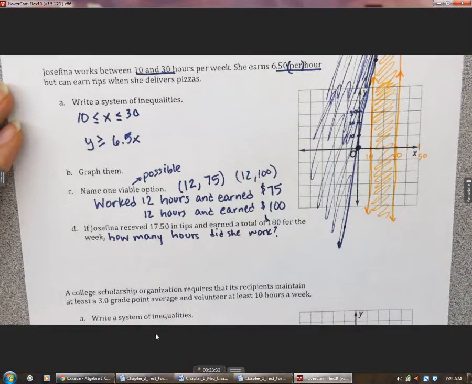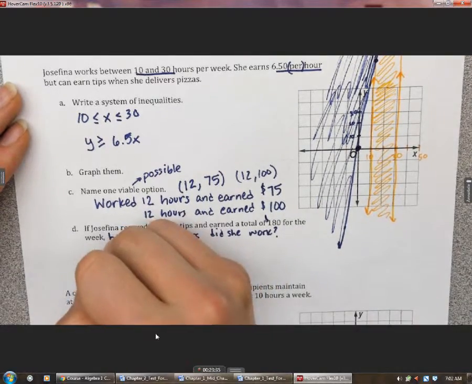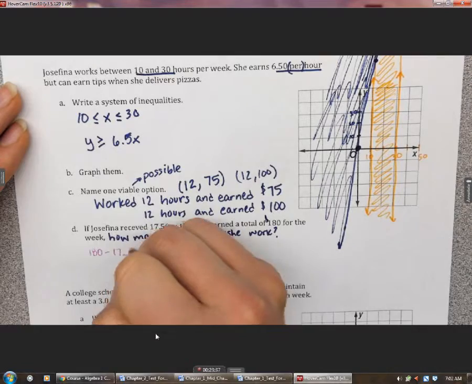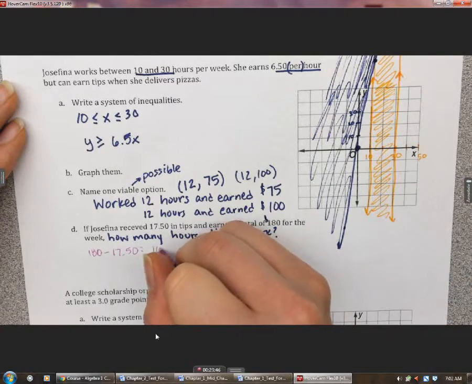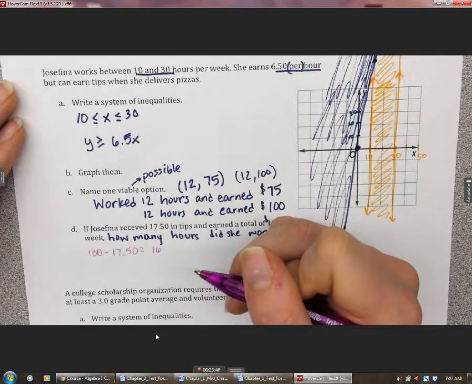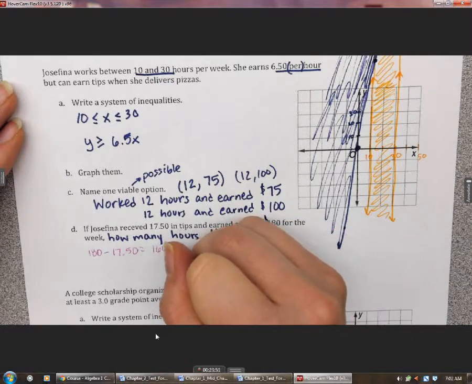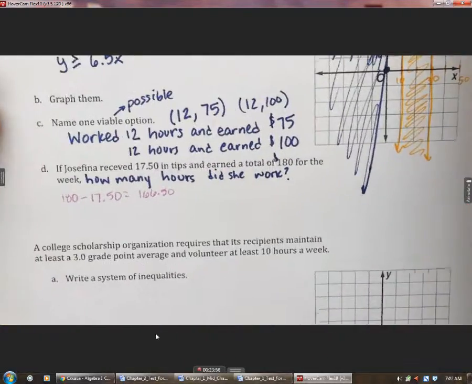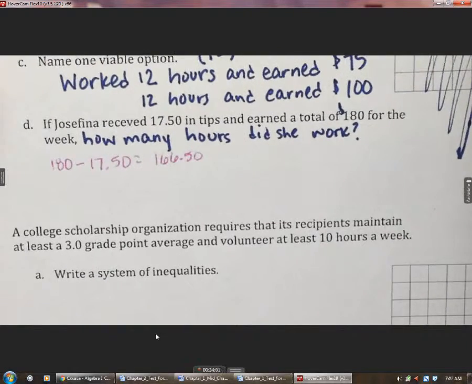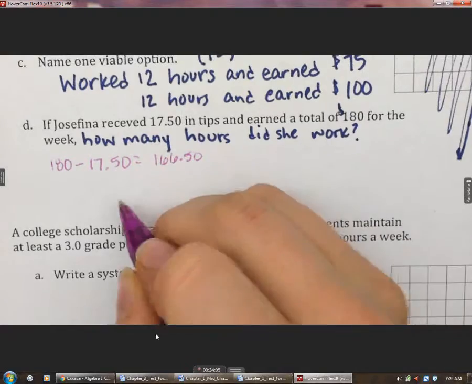You guys could solve that one, right? 180 minus her tip money. So $166.50.